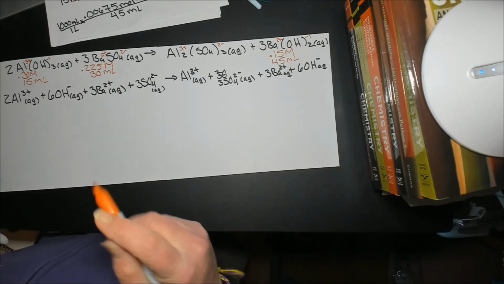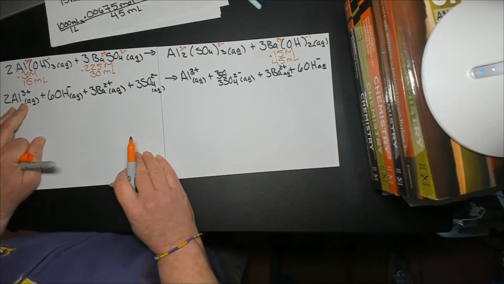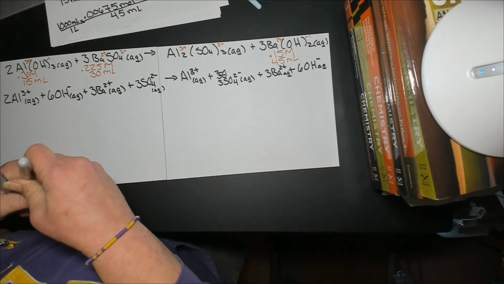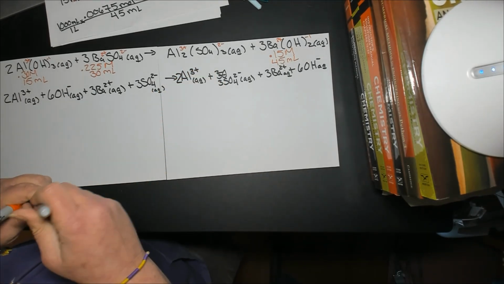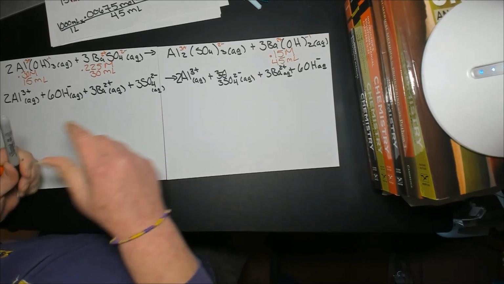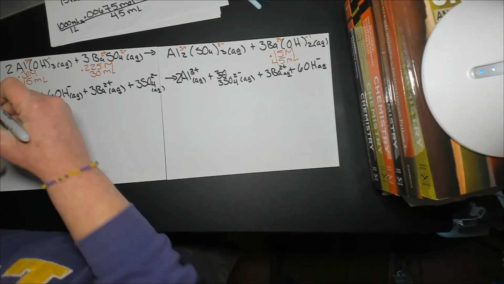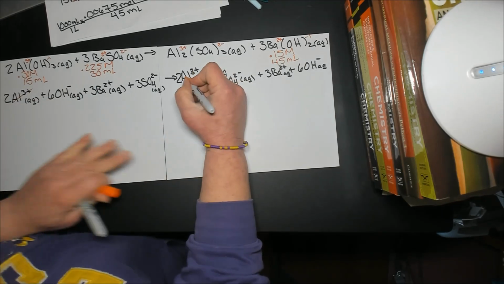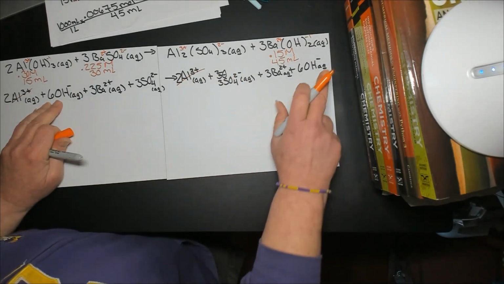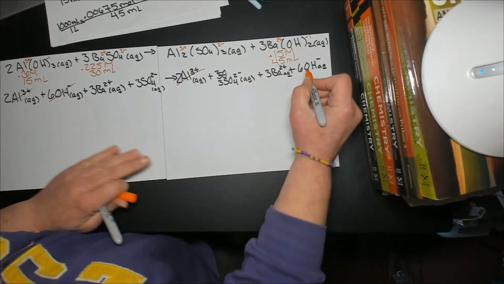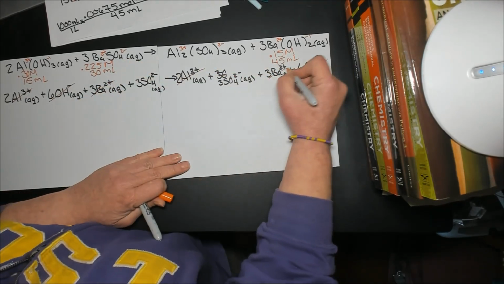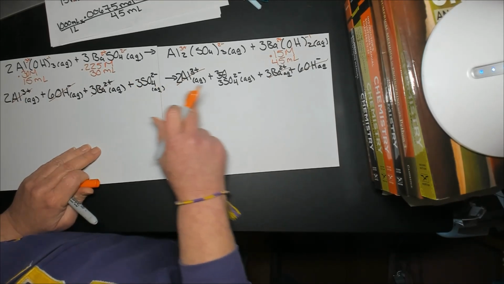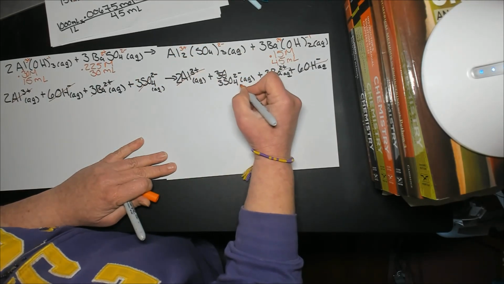So I come through here, I have 2 aluminums here, 2 aluminums here. So that's a spectator. And over here I have 6 hydroxides, 6 hydroxides. That's a spectator. 3 bariums, 3 bariums, spectator. 3 sulfates, 3 sulfates, spectator.